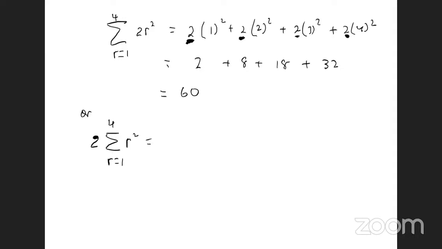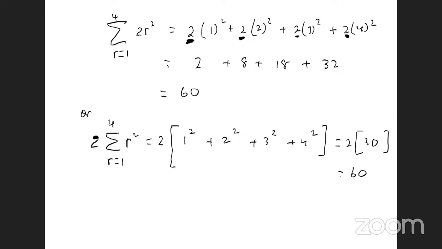What will that do to this summation? I'm leaving the 2 on the outside and working out the part inside. So I'll have 1 squared, 2 squared, 3 squared, 4 squared. So that will be 1 plus 4 plus 9 plus 16, which is 30, so 2 by 30 is 60. Same value. So that brings us to rule number 1.